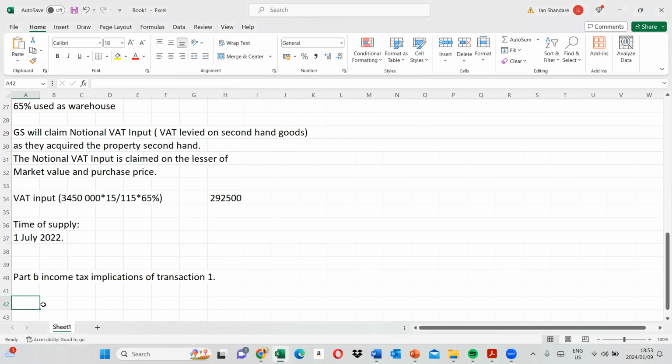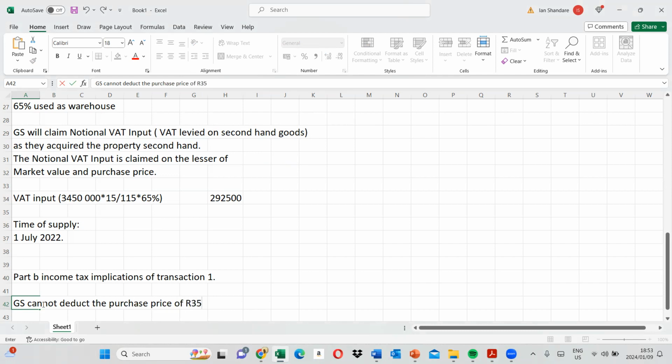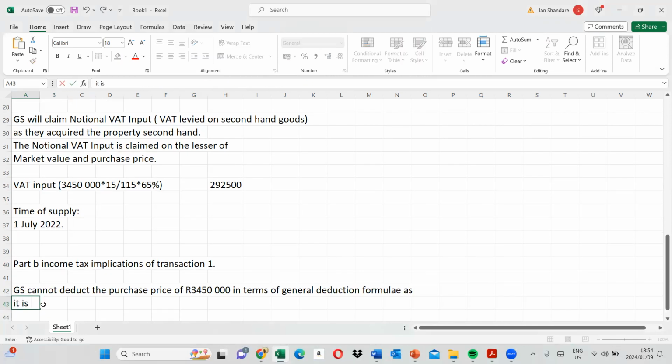So the first thing that you need to start with, GS cannot deduct the purchase price of the building, so the purchase price is 34.15, in terms of the general deduction formula, as it is of a capital nature.